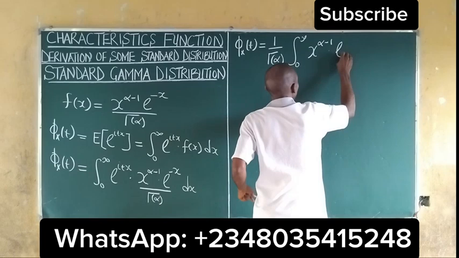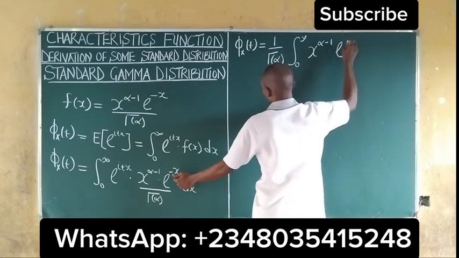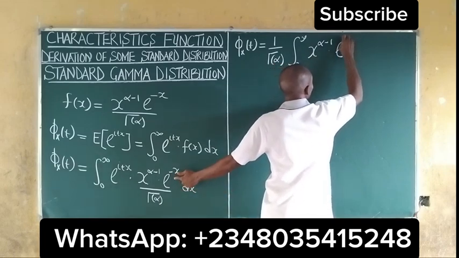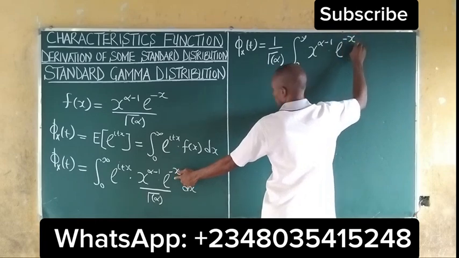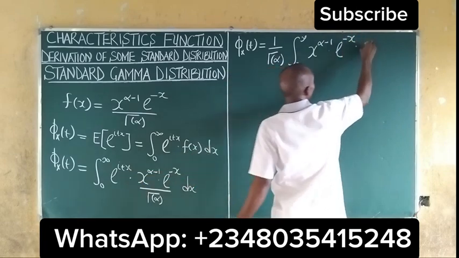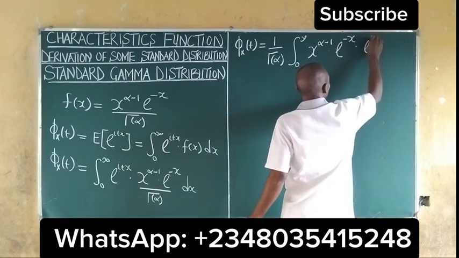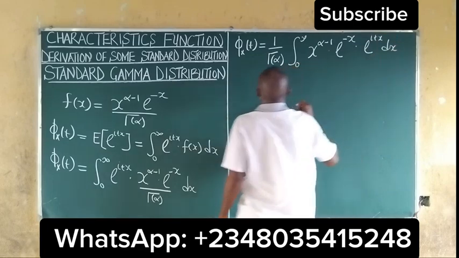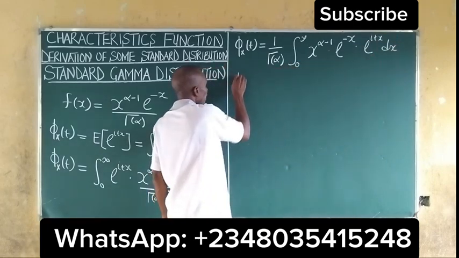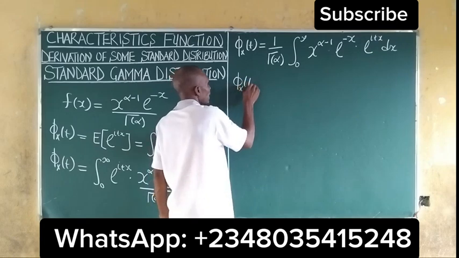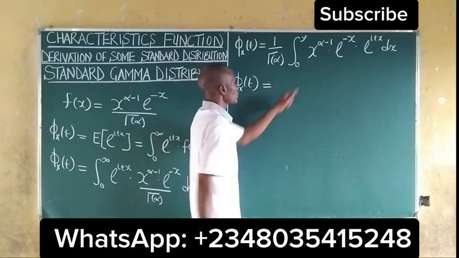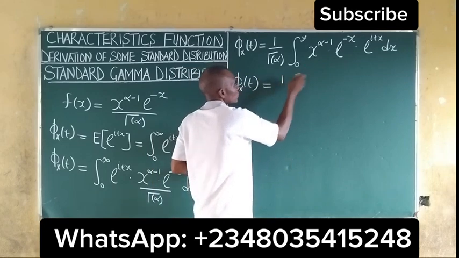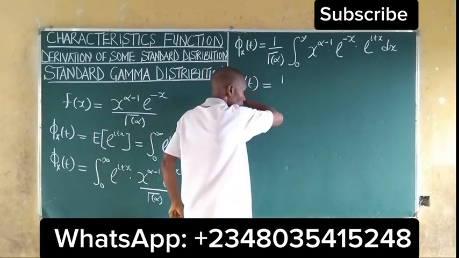Multiplied by exponential negative x multiplied by exponential itx, dx. So now all we need to do is to rewrite this properly.